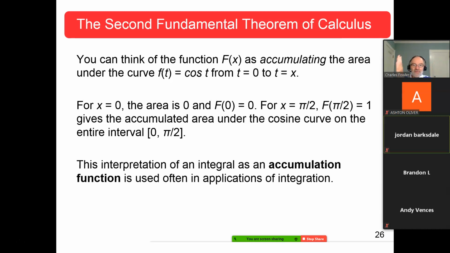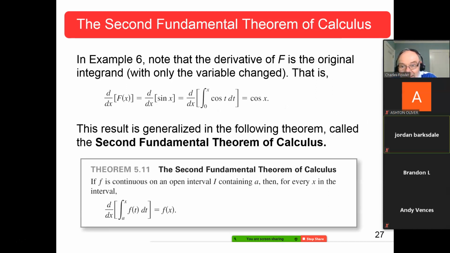For x equals 0, the area was 0 because it was 0 thickness. At pi halves, it moved to 1, and anything in between was between. That interpretation of an integral as an accumulation function is often used in applications of integration. So they say. I don't ever remember using it that frequently except when they're illustrating this.